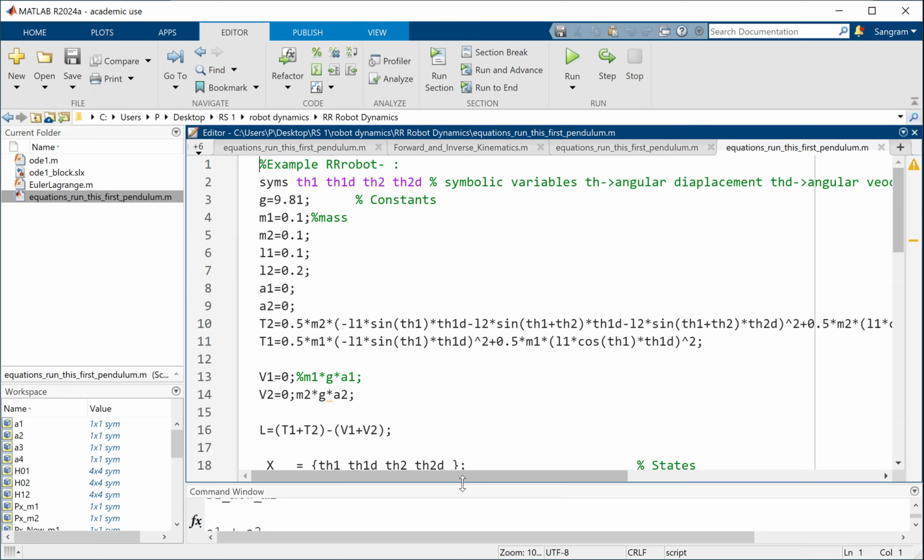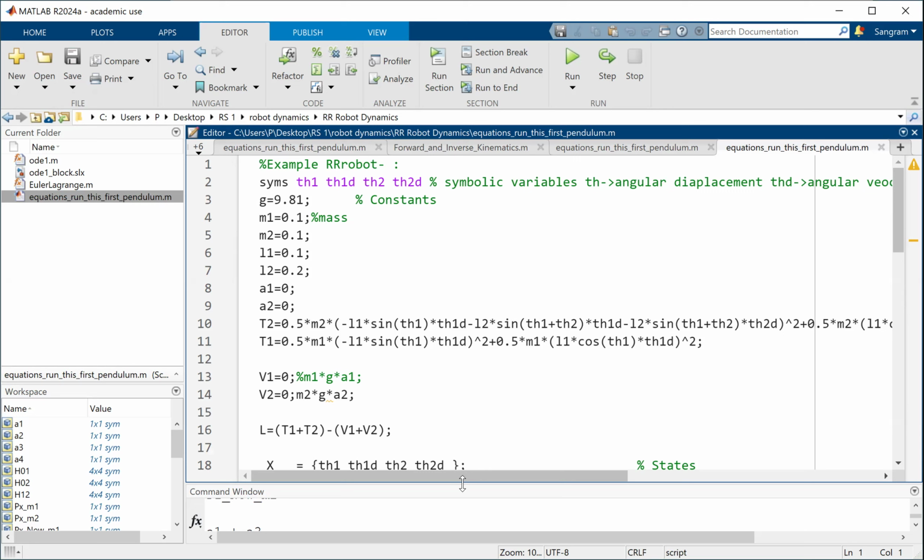Symbolic variables are theta 1, derivative of theta 1, which is theta 1d, theta 2, derivative of theta 2, which is theta 2d, gravitational acceleration 9.81, mass m1, I'm assuming that to be 0.1, mass m2, I'm assuming that to be 0.1, L1 is nothing but A2, and L2 is nothing but A4.